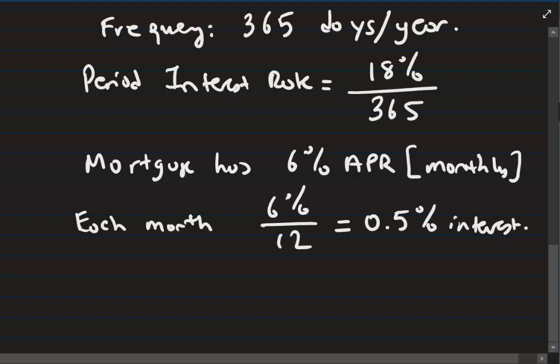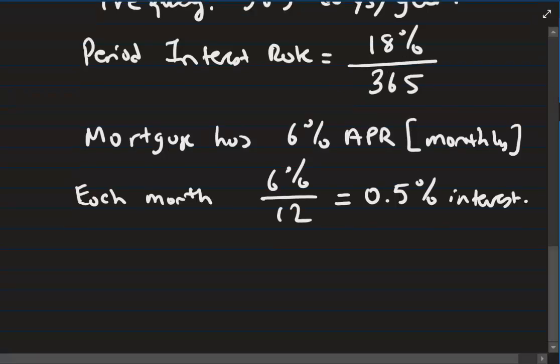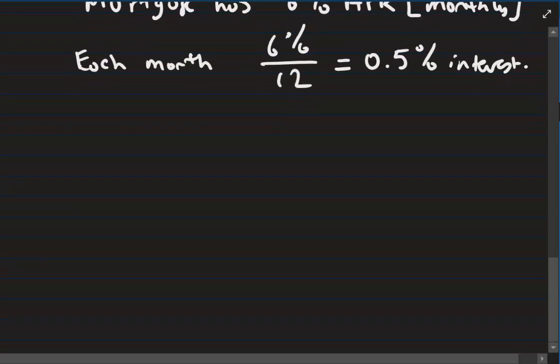If we're talking about one loan, that's all you need to know. But sometimes you do need to make comparisons of loans that are quoted as APRs, but they have different frequency.